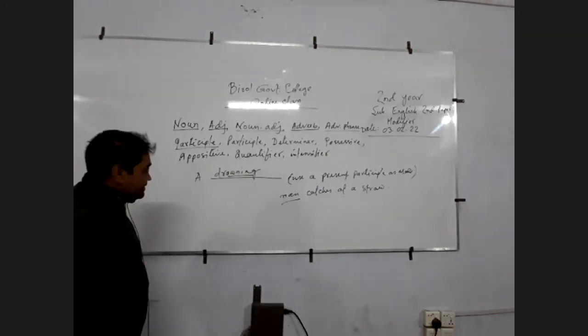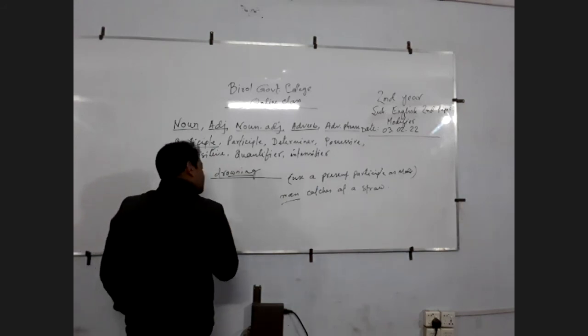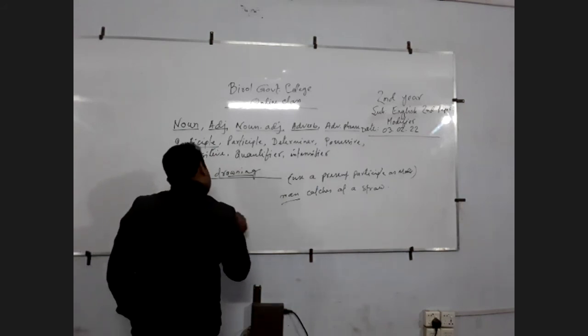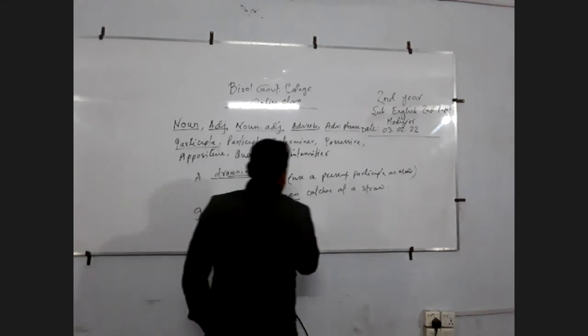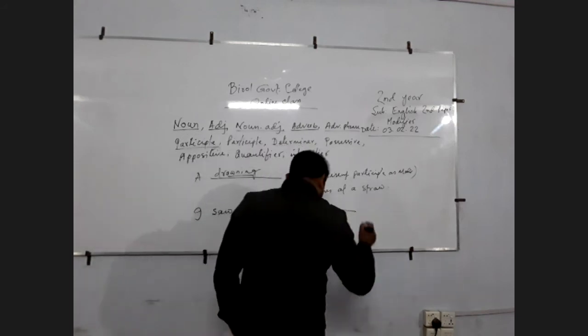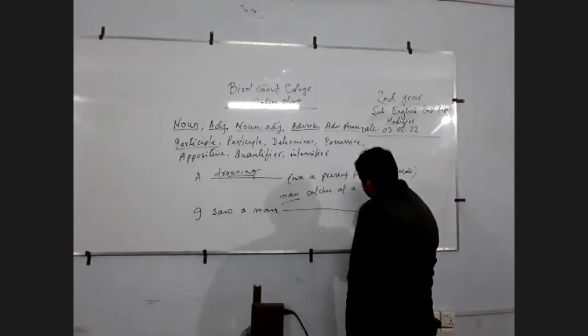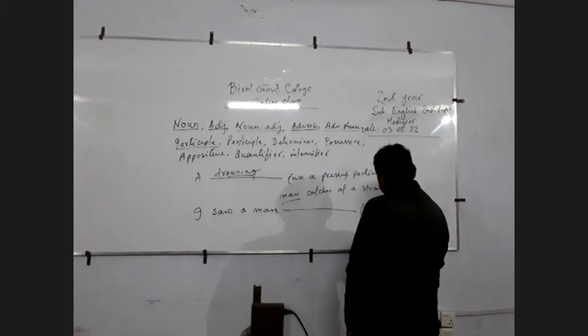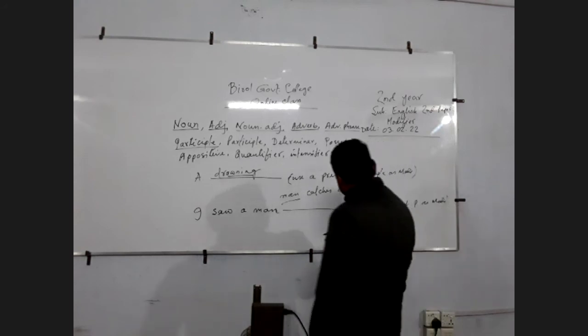You can get another sentence. I saw a man, dash, on the bed. Use present participle as modifier.